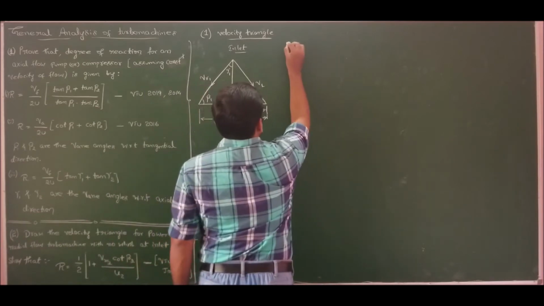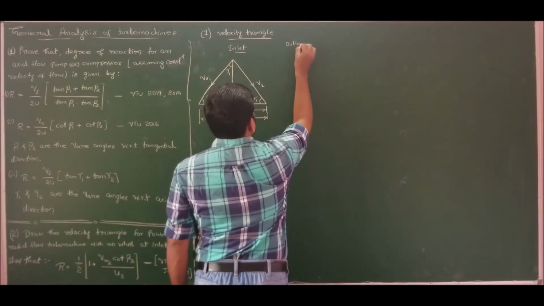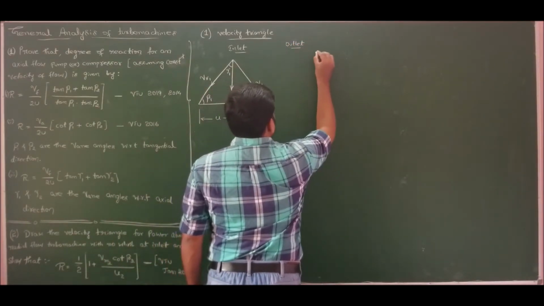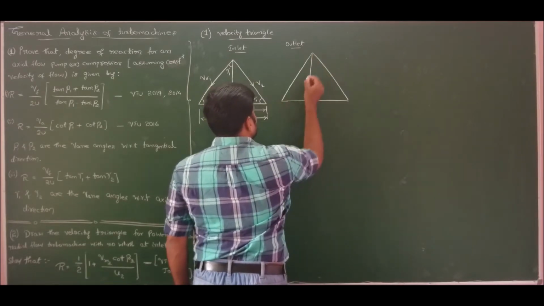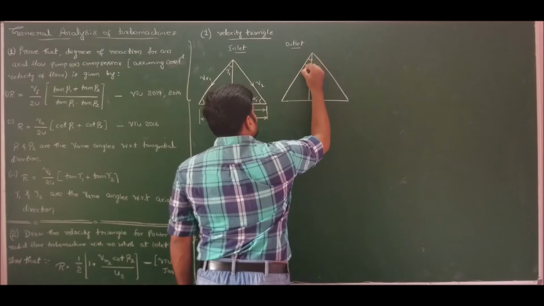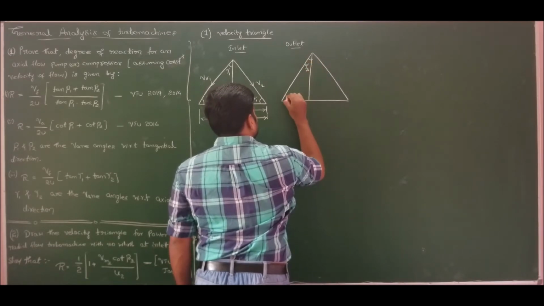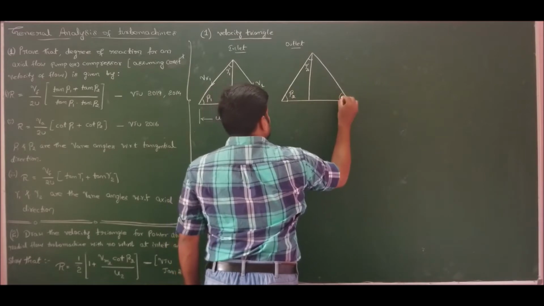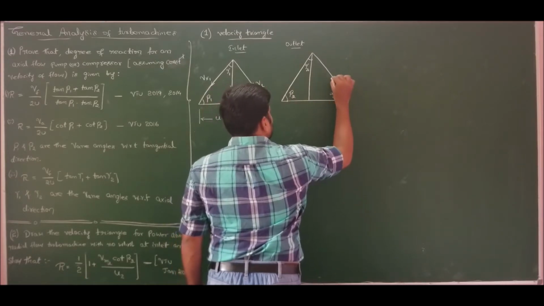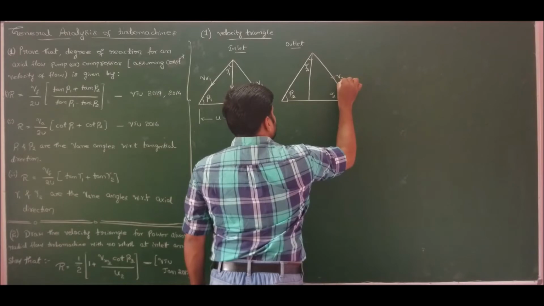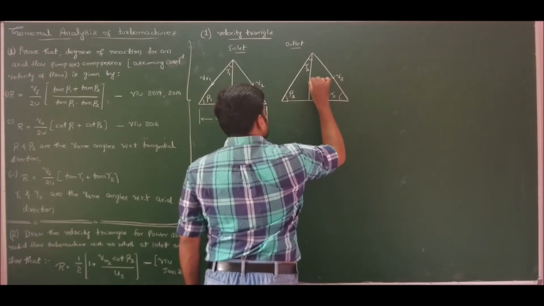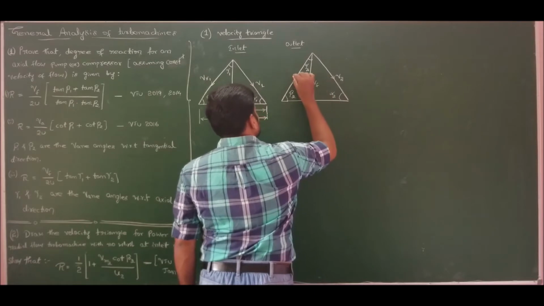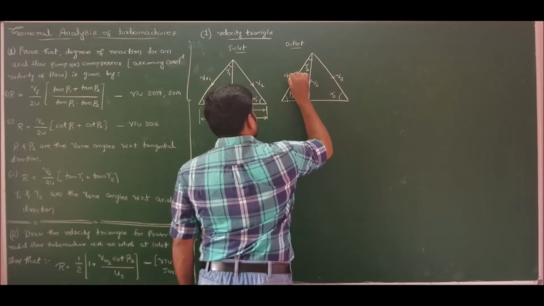And at outlet, the same thing I should write, but Vu2 should be greater than Vu1. So here I will have gamma 2 and beta 2. We have alpha 2, V2, Vf, Vr2.